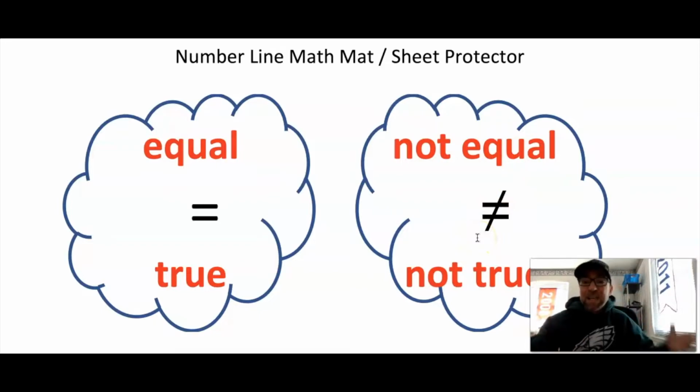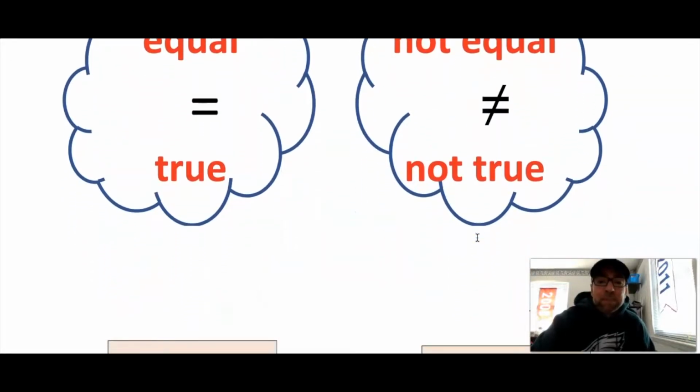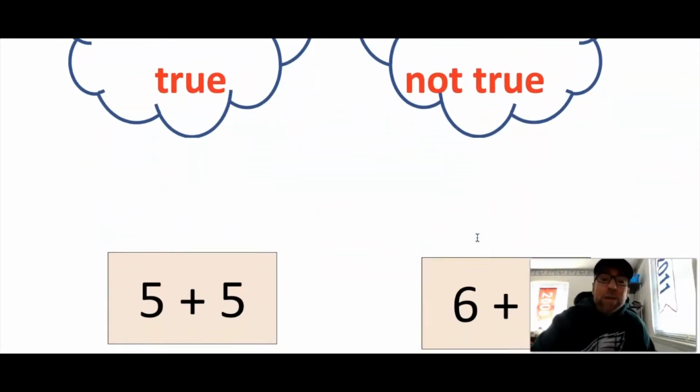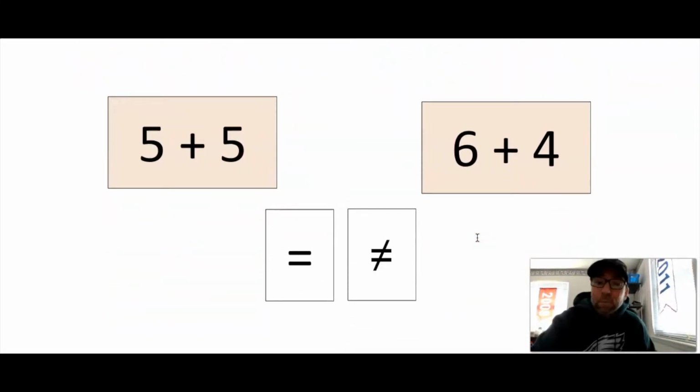That means it's not true. It's not equal. Both sides are not the same. And another word for not true is false. So today we're going to be taking a look at some number sentences. And we're going to have to decide if the number sentences are equal or not equal, if they're true or not true.